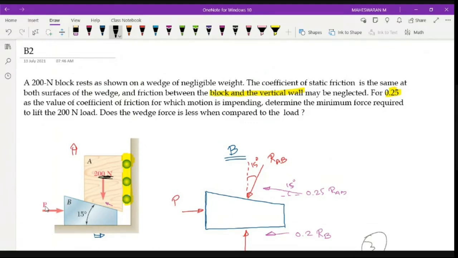How much percent? 200 divided by 150, which means you are reducing around 25% of your weight by using this wedge. That's why most of the time we use something like this as a component to lift a particular object. Can you understand this? This is the main advantage of using the wedge.